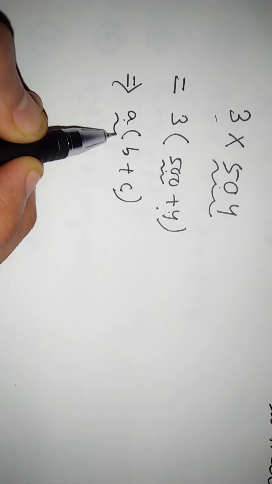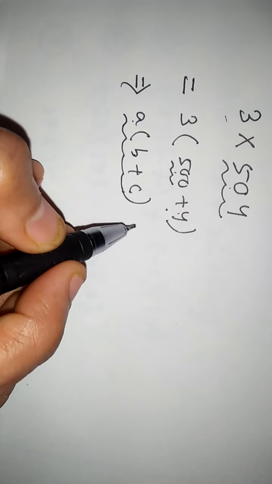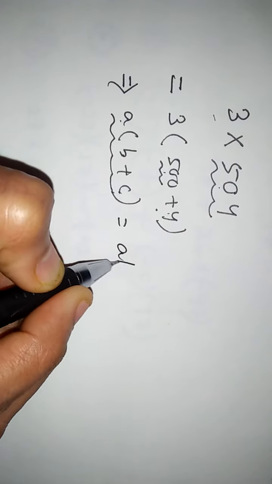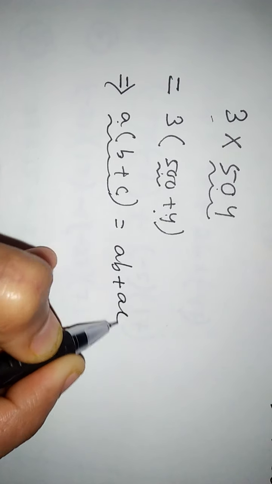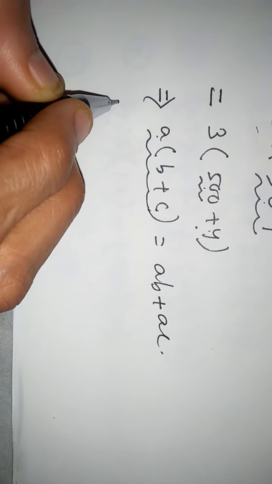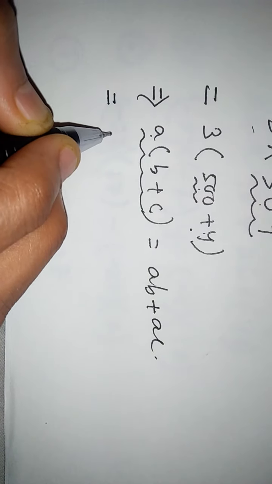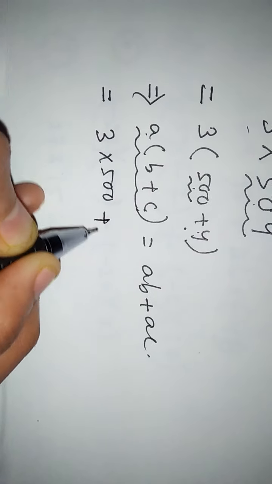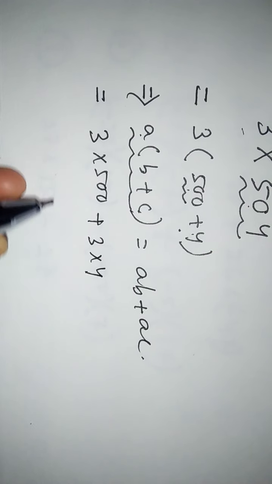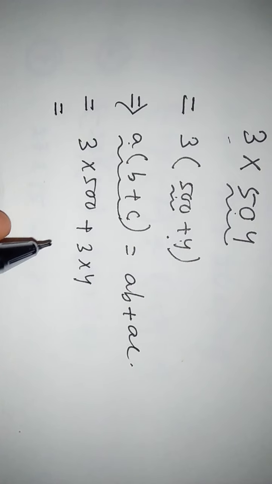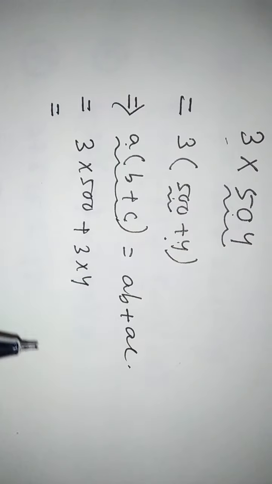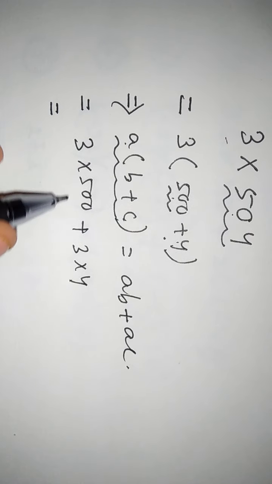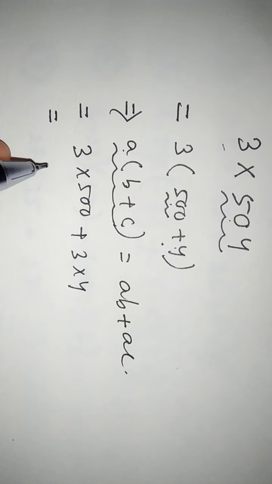As you know, A into B plus C should be equal to A into B plus A into C. So likewise I am going to write the answer like this. It should be 3 into 500 plus 3 into 4. So see the calculation without multiplying this big number with the small number. By this you just do the calculation and find it out easily.